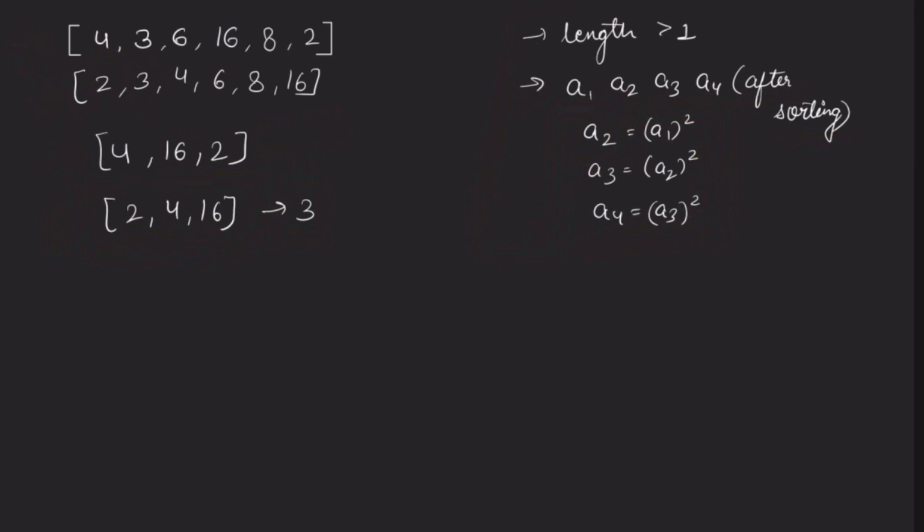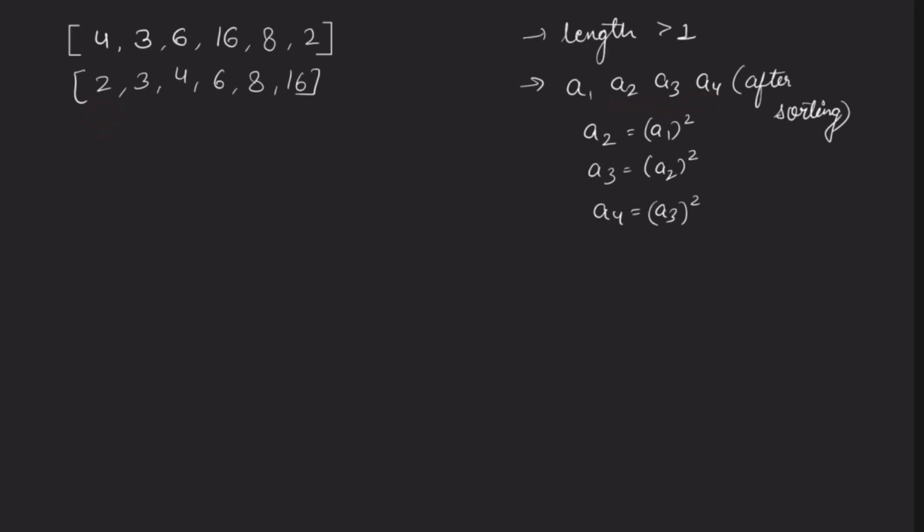Now, how are we going to solve this? So let's remove this. Now if we see here, our first element is 2. We need to check whether this 2 can be a part of any subsequence or not. Except as the first element, can 2 be A2, A3 or A4 in any subsequence?